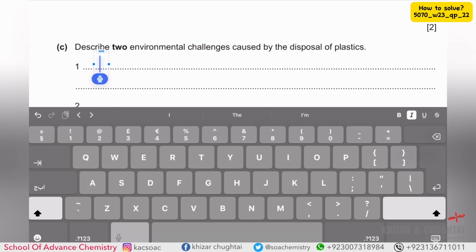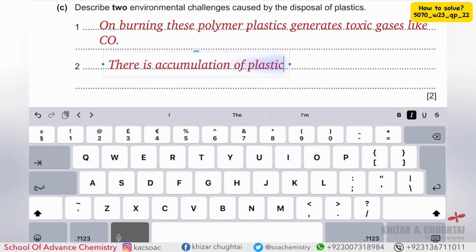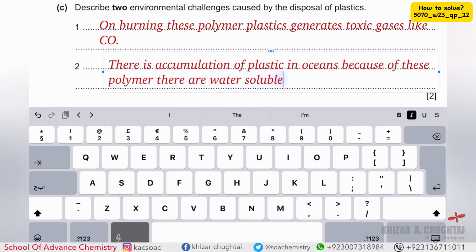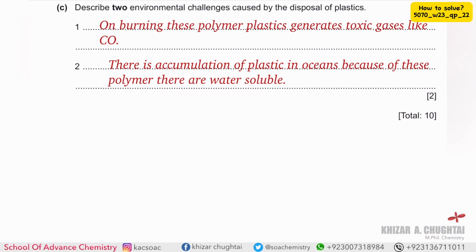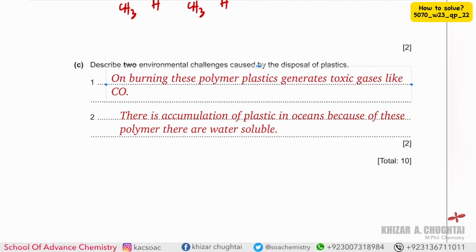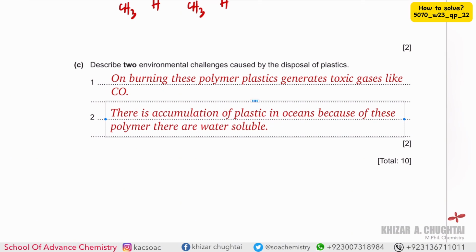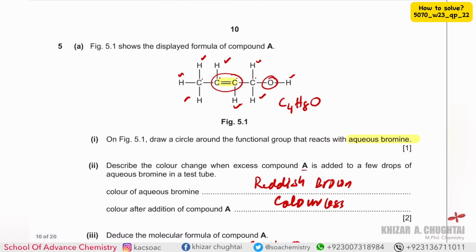First of all, on burning they give off different toxic gases, one of the common ones being CO. The second thing: as they are water insoluble, they can cause accumulation of plastic in oceans because of their water insoluble nature. So that's all about question number 5.